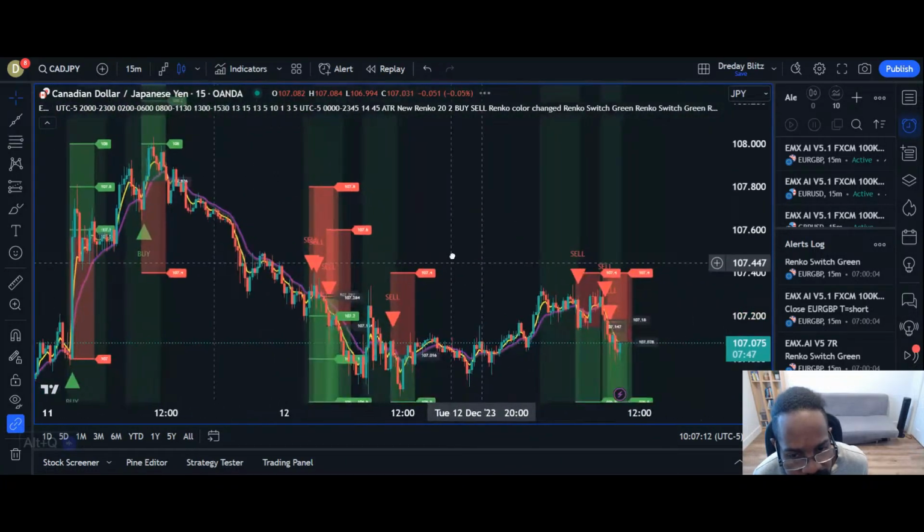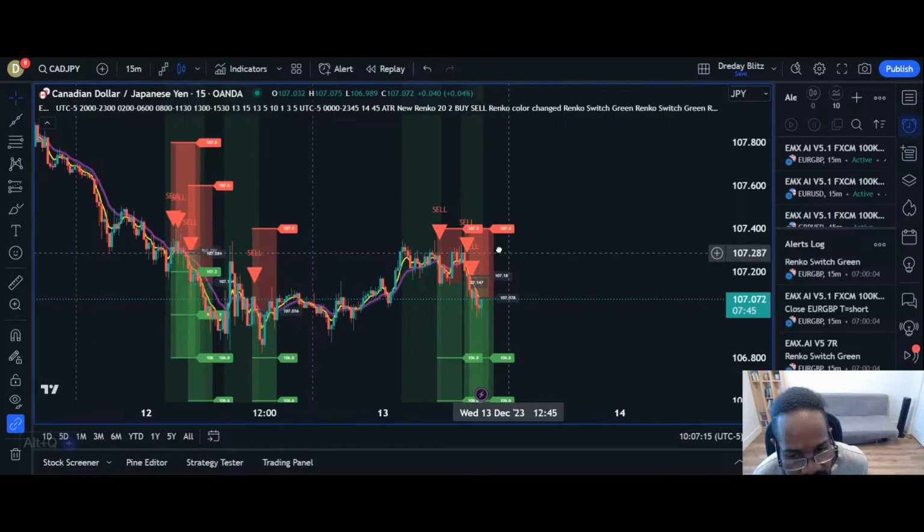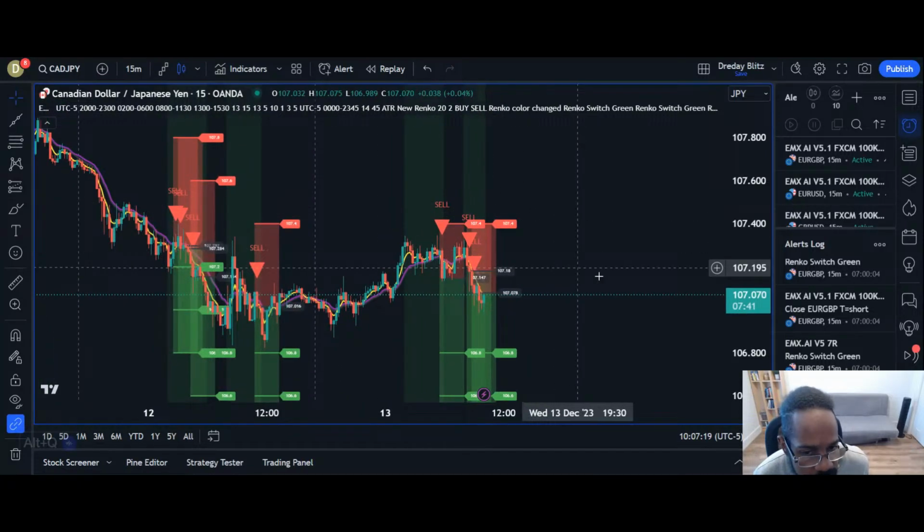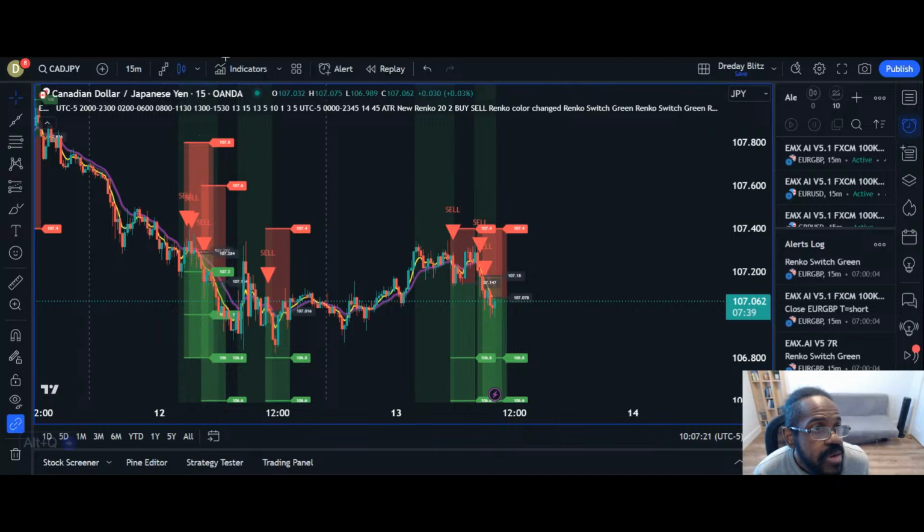Why is that? Why is CAD JPY not going long right now? That's a question for you guys. If GCAD is going down, why is CAD JPY not going up? That's my question.